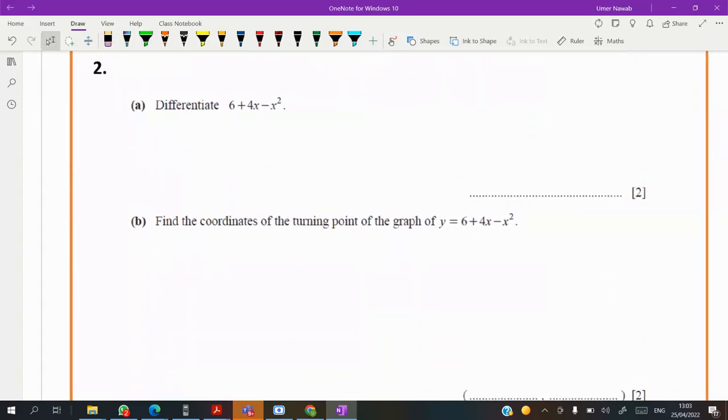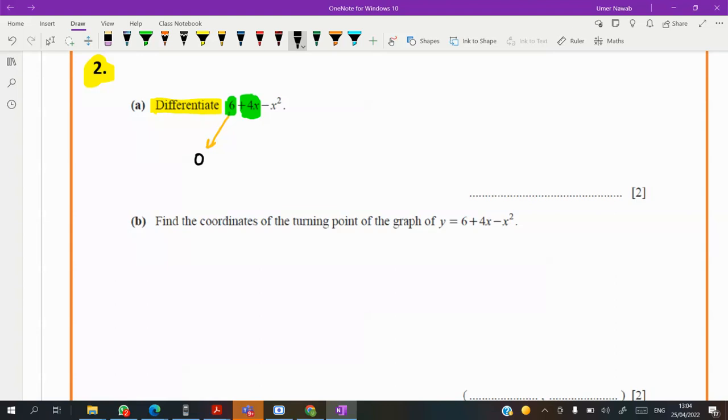Now, question number 2, he's asking you to differentiate. Differentiate means finding dy by dx. What is the differentiation of a constant? All of you remember when I taught you, if you see a number without x, it is considered a constant, and the derivative of a constant is 0. Next, 4x. Any number which is written with x, the derivative of x is 1, so 4 times 1 is 4.